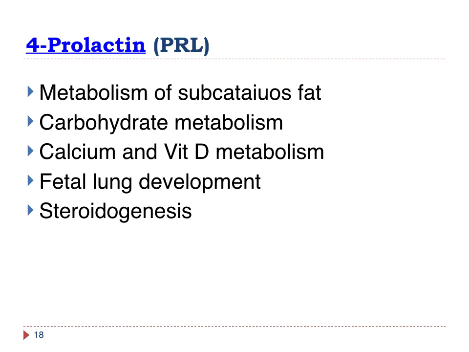It also has an effect on the immune system, and it is important in the control of osmolarity and various events, including metabolism, subcutaneous fat, carbohydrate metabolism, calcium and vitamin D metabolism, fetal lung development, and steroidogenesis.